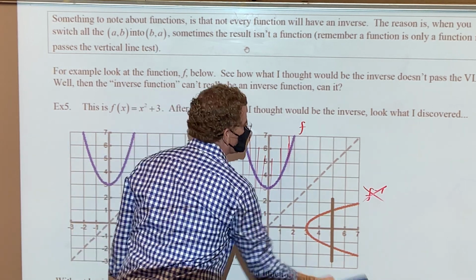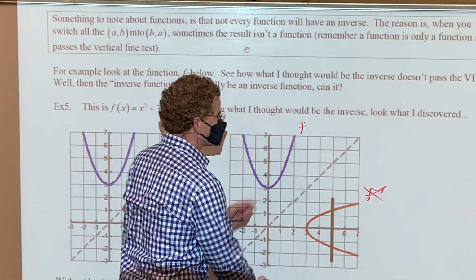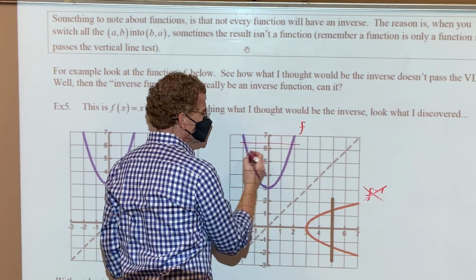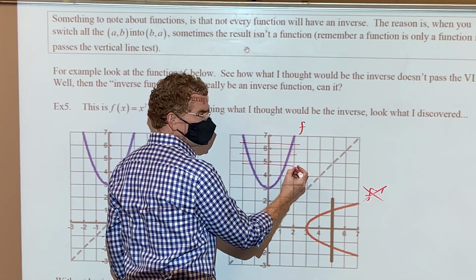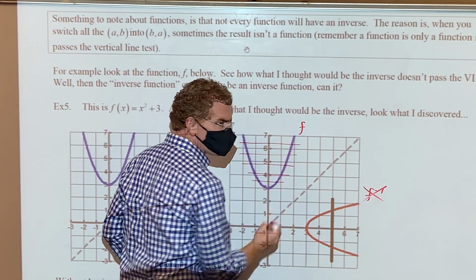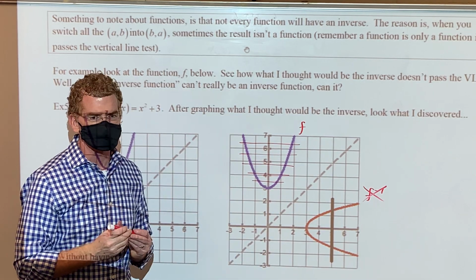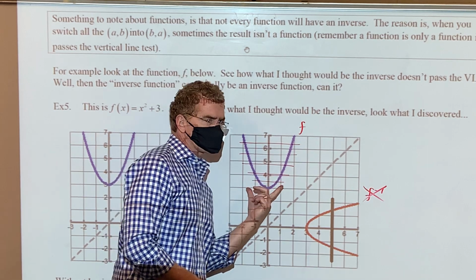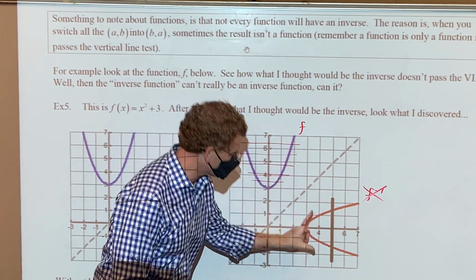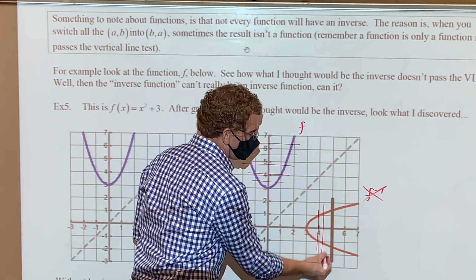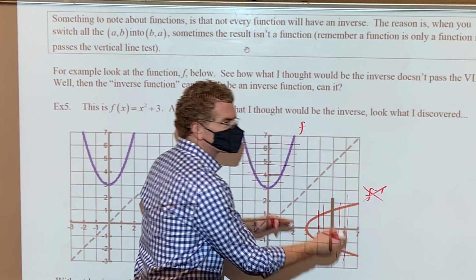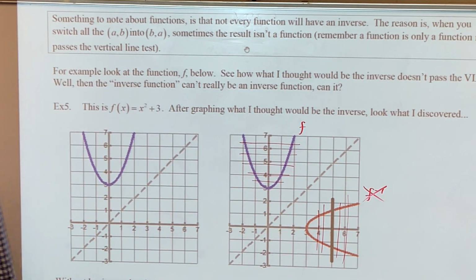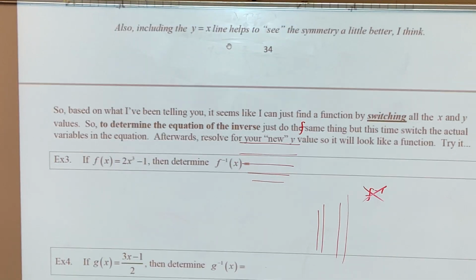But the horizontal line test on a function checks to see if it has an inverse. And since I hit more than 1 point, it's not going to have an inverse. Because you can see right here, if this doesn't pass the horizontal, when I rotate it, I'm not going to pass the vertical. But it saves me the trouble. And you can look at these functions that we had before.